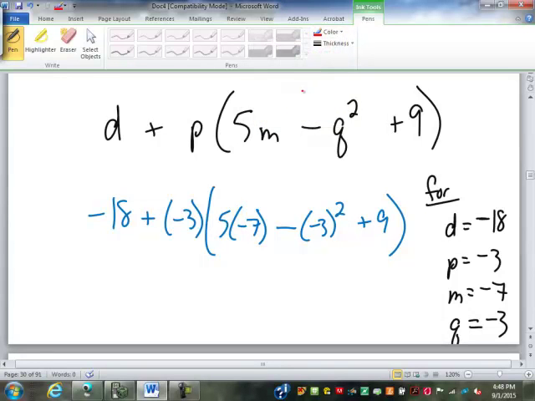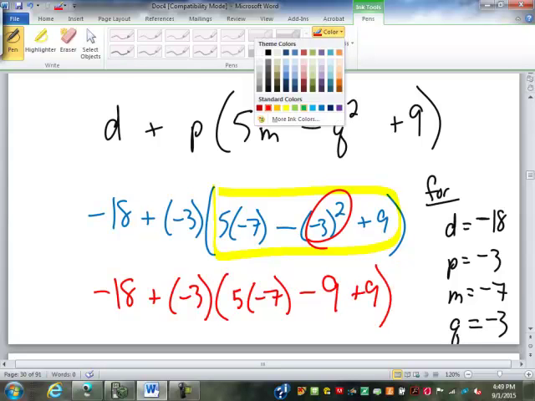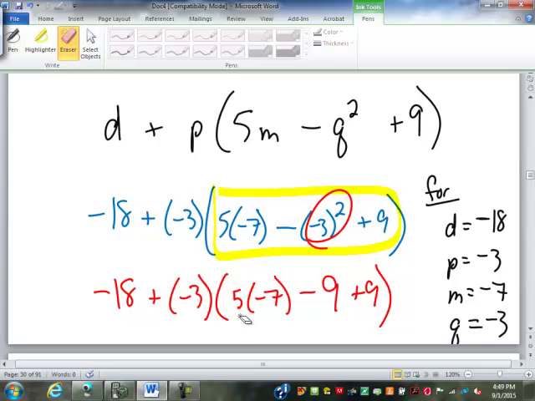So now we are going to start in the parentheses. This set, not the one that I put around the negative 3. And what do I do first in there? I'm going to do the negative 3 squared, which is 9. Now I can do the 5 times negative 7, which will be negative 35.